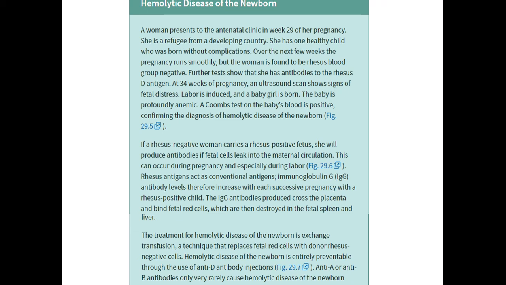And these antibodies are IgG antibodies because they have to cross the placenta, while the IgM antibodies do not cross.